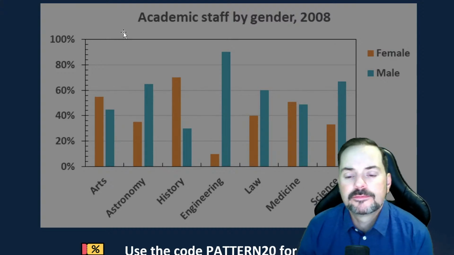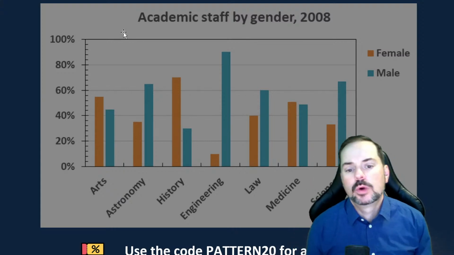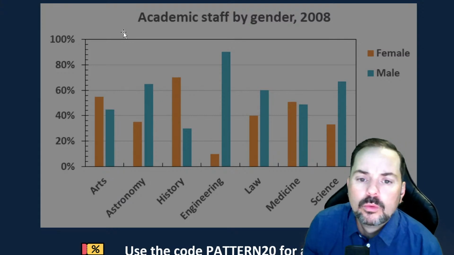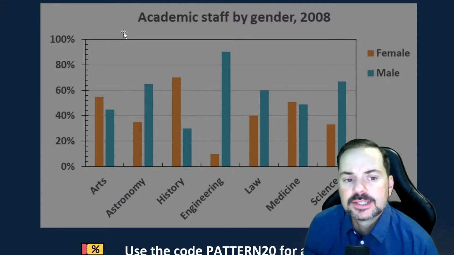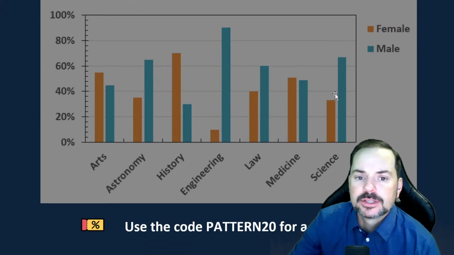So if we're not just looking at the most and the least, what becomes apparent? What is something that we can see here by looking at this, right? We're looking at the females and the males.